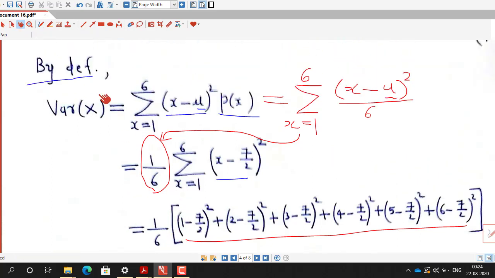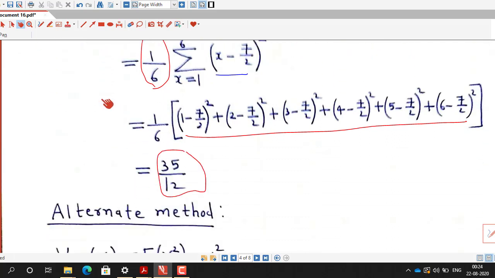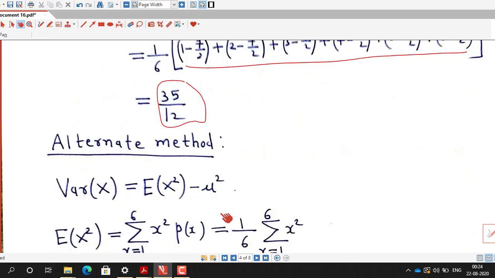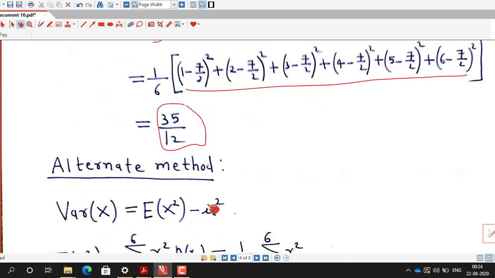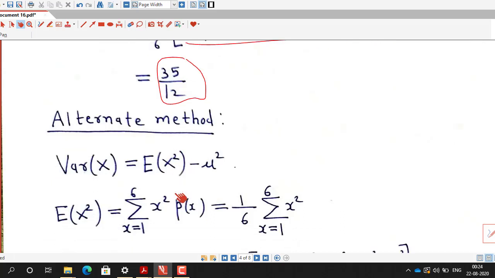So this is the variance of the given random variable using the definition. The alternative method is to use the shortcut formula, variance of x equal to expected value of x square minus mu square. So let us calculate the variance using this formula also. To use this formula, first we require the expected value of x square.